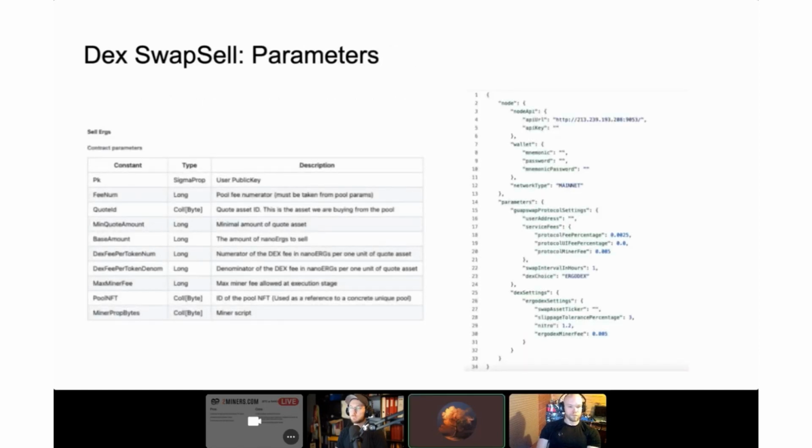So this is just an overview of the config file on the right. This is what you would fill out if you were to use GuapSwap. From the get-go, you don't have to do anything with the node settings. It uses a public node URL. The only parameters you'd want to change are the GuapSwap protocol settings.